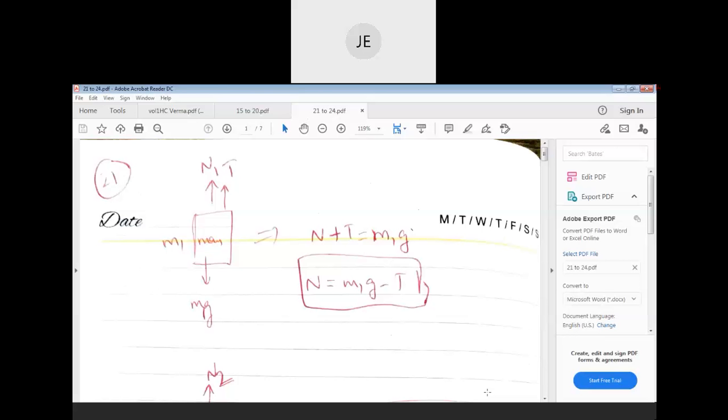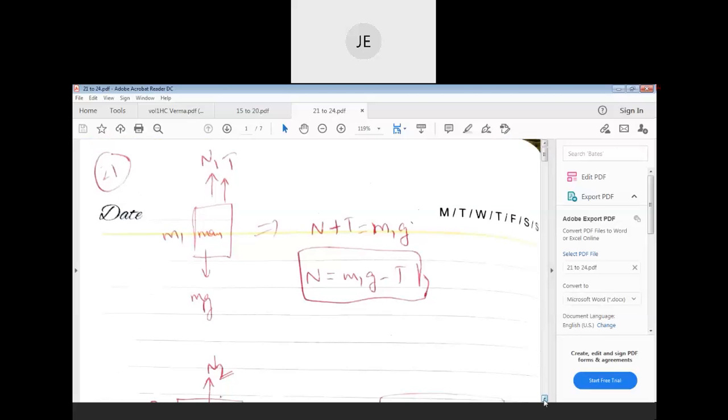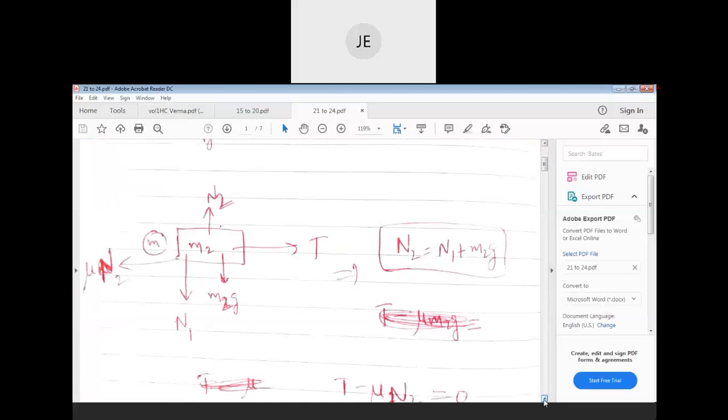Actually, you take it as N1. N1 is m1g minus T. And for the small m block, I am taking it as m2 mass. For the m2 mass, upwards N2, downwards N1 by the man, and downwards its weight.